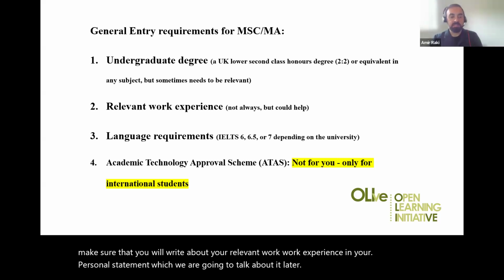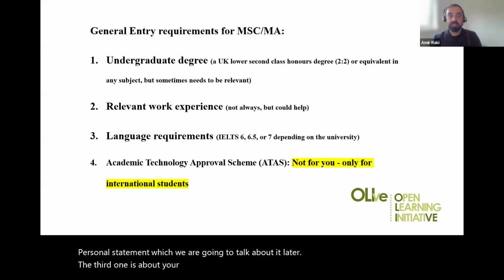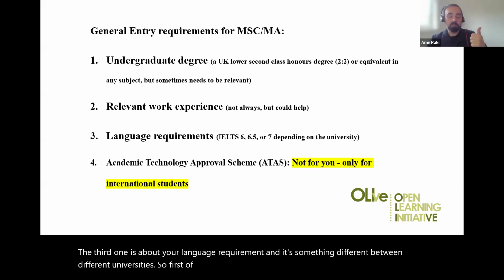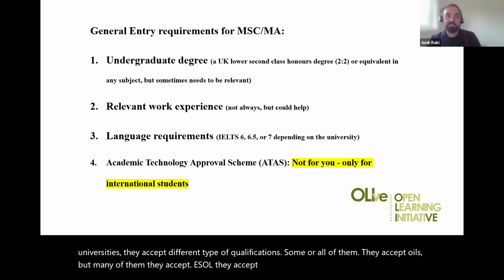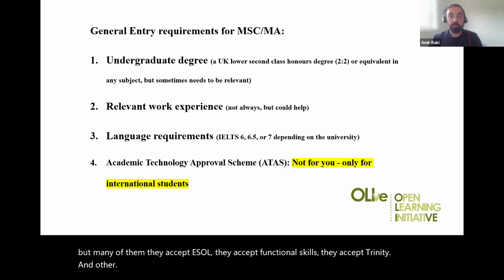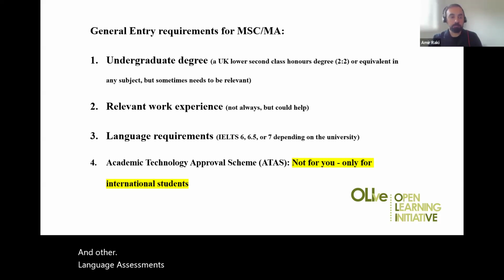The third one is your language requirement, and it's something different between different universities. If you remember from undergraduate, we talked about universities accepting different types of qualifications. Some or all of them accept IELTS, but many of them accept ESOL, functional skills, Trinity, and other language assessments.